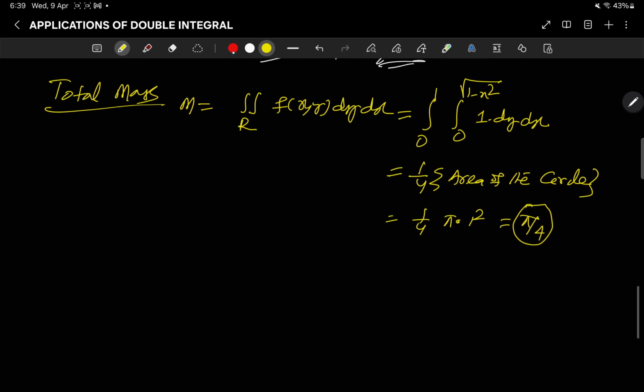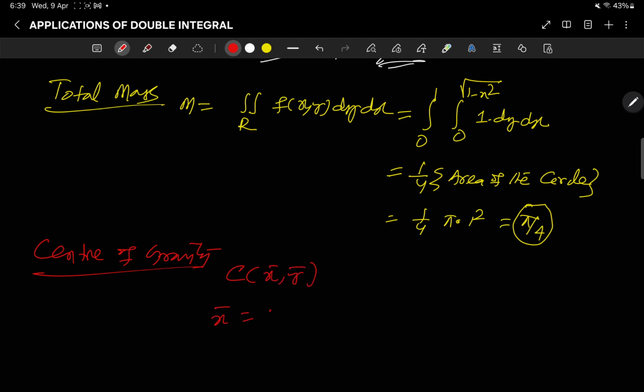Now coming to the center of gravity. Your center of gravity is C, x bar, y bar. Now what is x bar? X bar is 1 by m double integral of x f(x,y) dy dx.